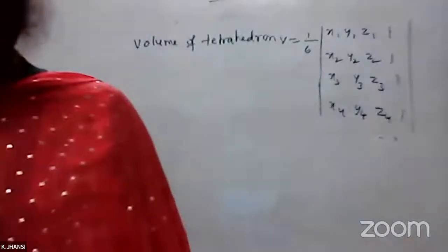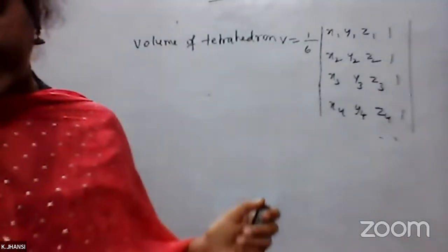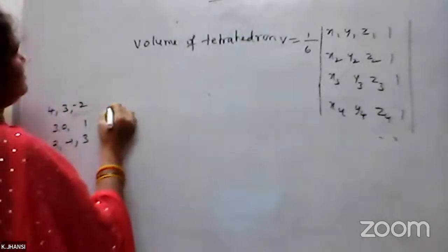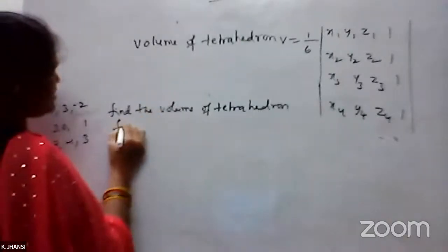So if you see the last, 9th question: find the volume of the tetrahedron formed by the points.